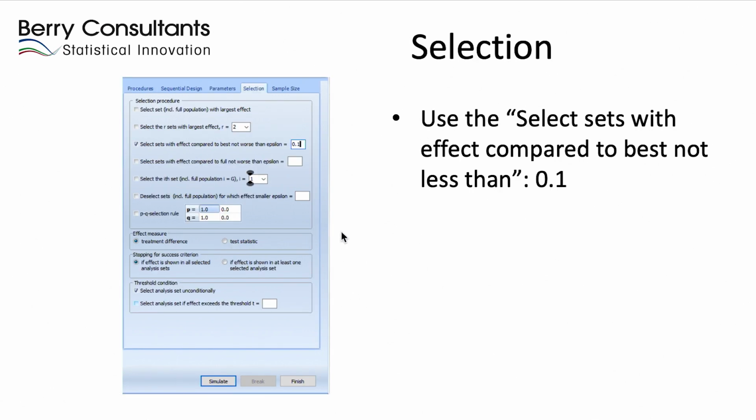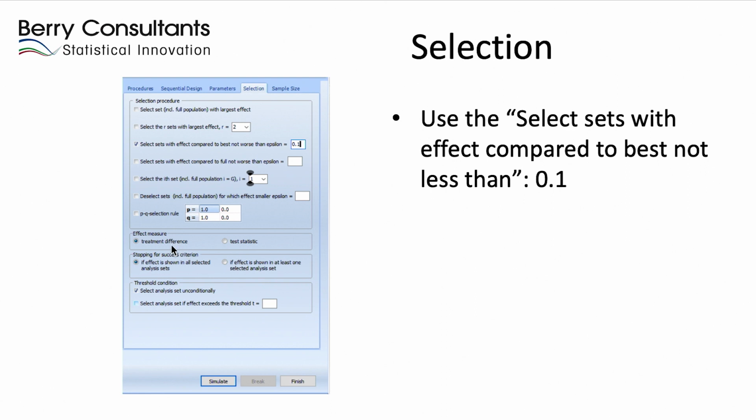In the selection, this is where we tell ADDPLAN what selection rules we want to apply to the groups. I'm going to select the rule that says we want to select any set that, compared to the best set, is not worse than it by more than some delta, which here we're going to use 0.1. And we unselect all the other options. If we selected the other options, those would be presented as different alternate designs to simulate.